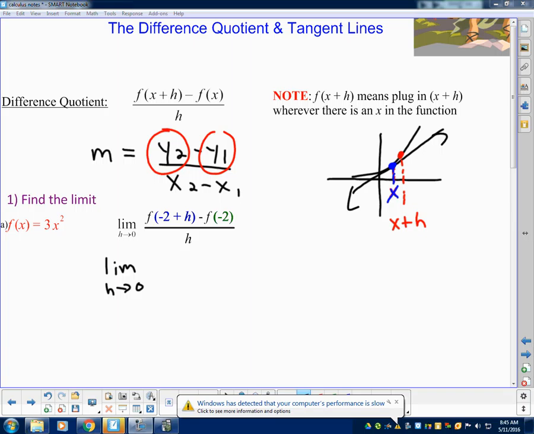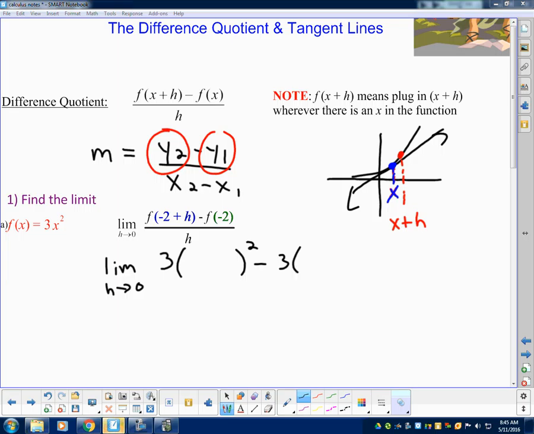Here we go. So the limit as h approaches 0 of the function is 3x squared. So we have 3 times something squared minus 3 times something else squared over h. So I'm going to take the -2 plus h here and plug it in every time I see an x.